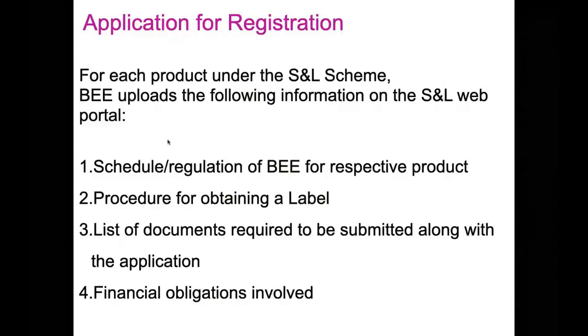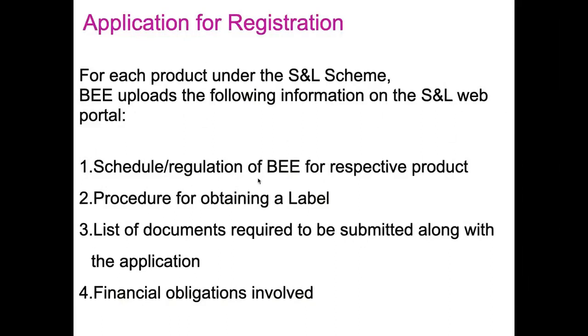So you can go through such web portals, where scheduled regulations of BEE for the respective product, the procedure for obtaining a label, even the list of documents required to be submitted along with the application are given.